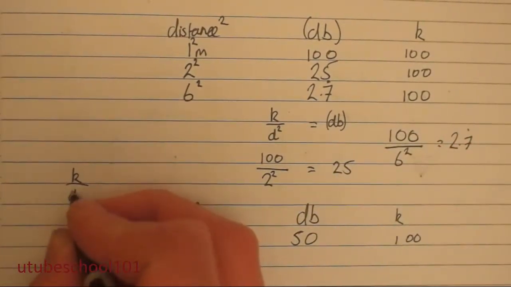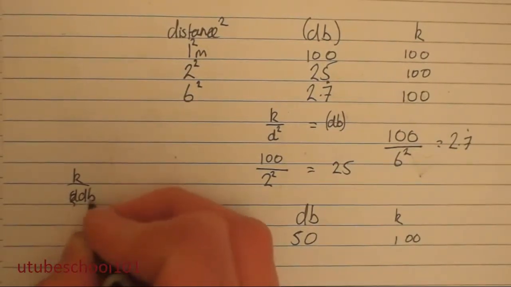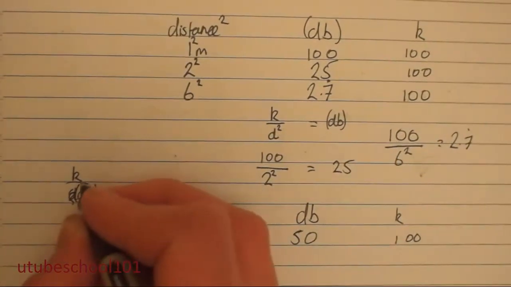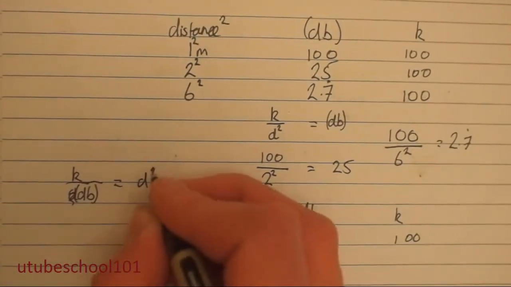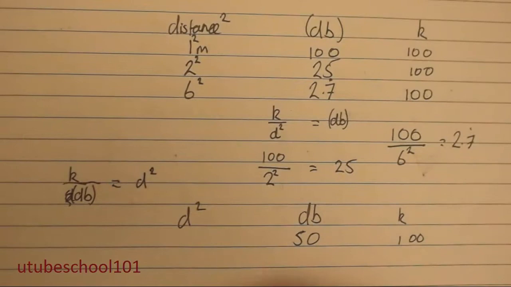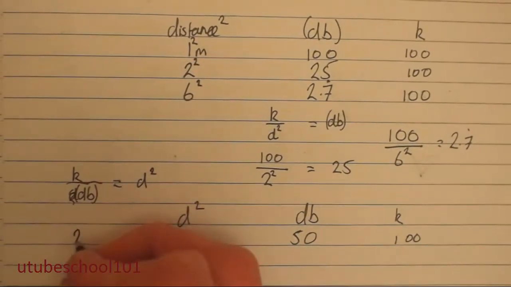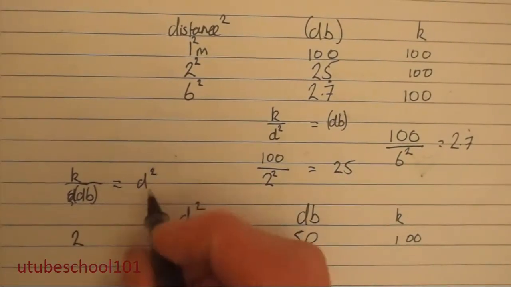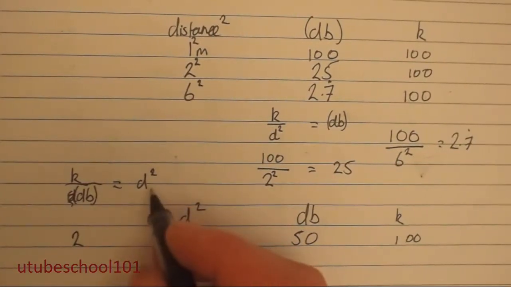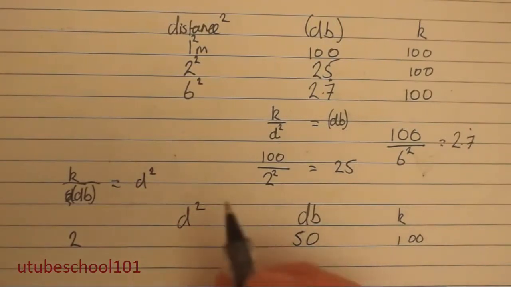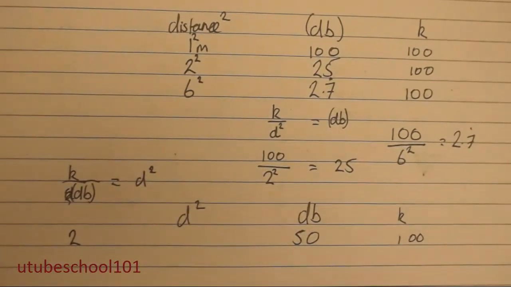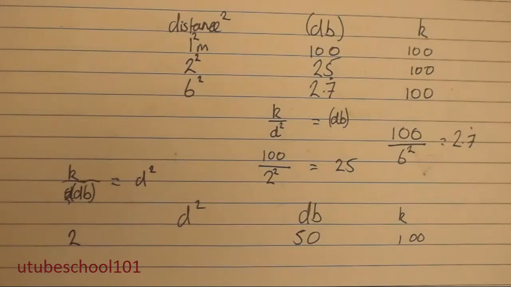Those of you who know your algebra will confirm that we can. K divided by decibels equals d squared. So 100 divided by 50 equals 2. However, that equals the distance squared, and we want the actual distance, because we want to find out how far away it is, not the square of how far away it is.